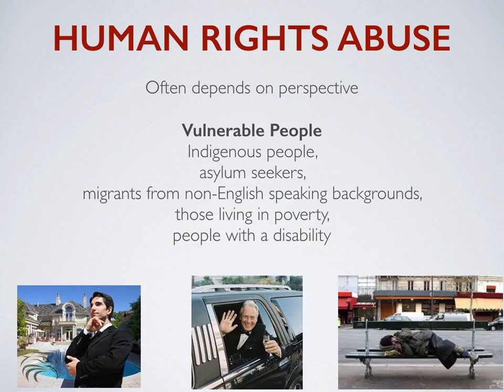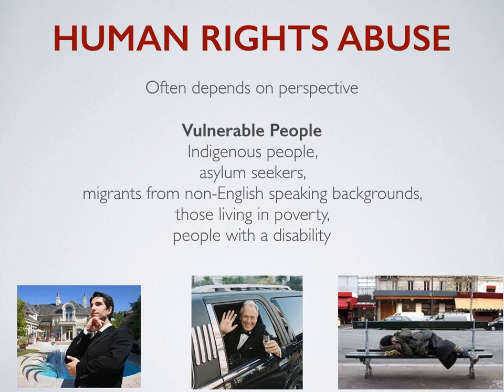So do we have human rights abuse in Australia? And the answer to this depends very much on your perspective. If you're a very wealthy person, see this fellow down there on the left or the fellow in the middle, you're very wealthy, you own your own home, you have lots of assets, well, you probably don't see very much human rights abuse.